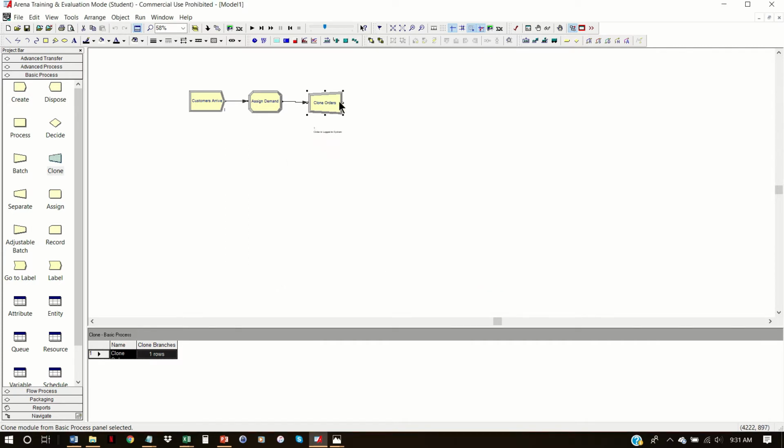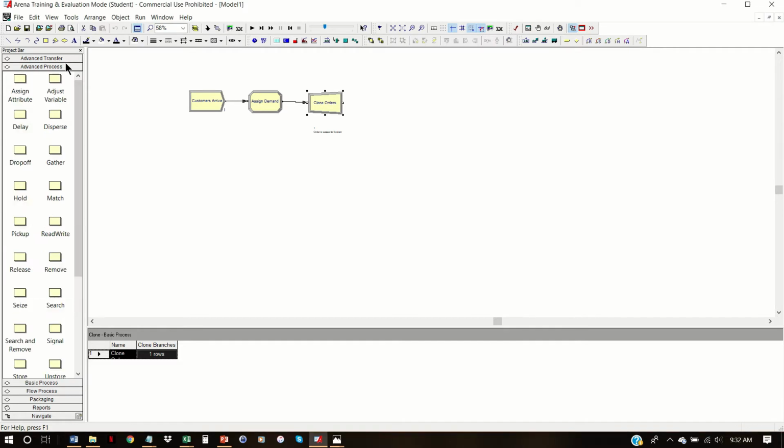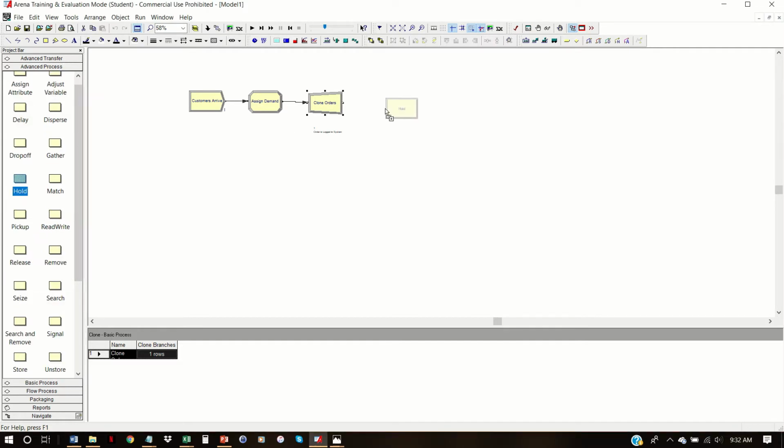And so now, once the order gets logged, the customers continue. If the demand can be met in full, given the current inventory level, then the customer is satisfied and leaves. But if there is no on-hand inventory, the customers have to wait until the stock is replenished and their orders can be fulfilled. So we're just going to use a new type of module. It's called a hold, right here. And so a hold is basically a wait until.